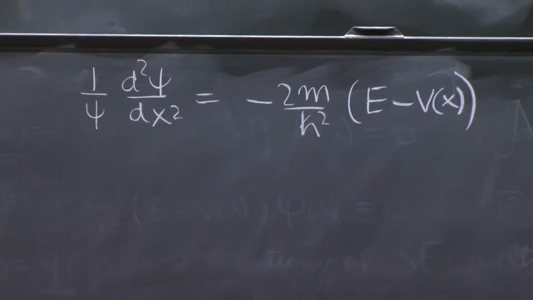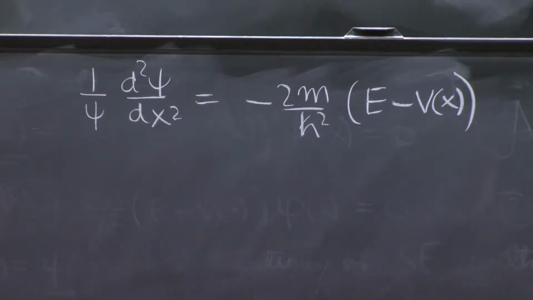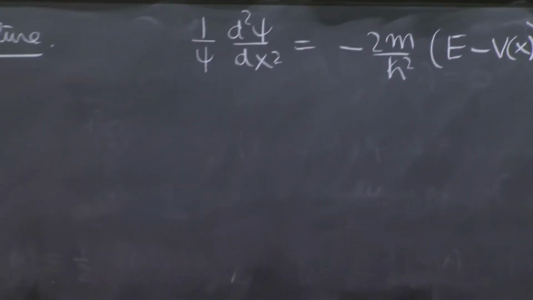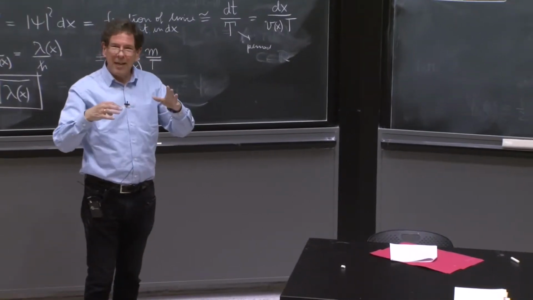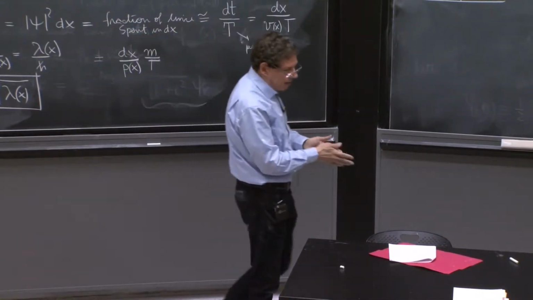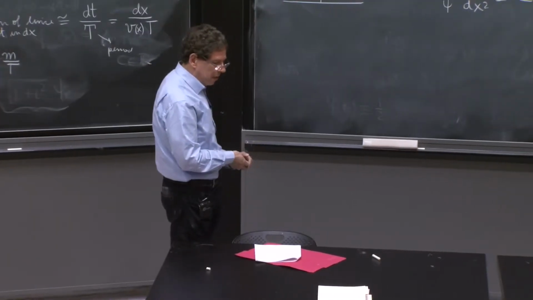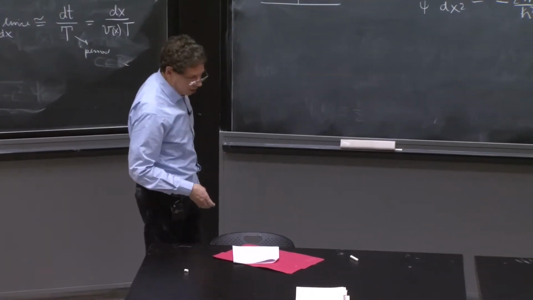Now, there's a whole lot of discussion in many textbooks about how the wave function looks, and they say concave or convex, but it depends. Let's try to make it very clear how the wave function looks. For this, we need 2 regions.